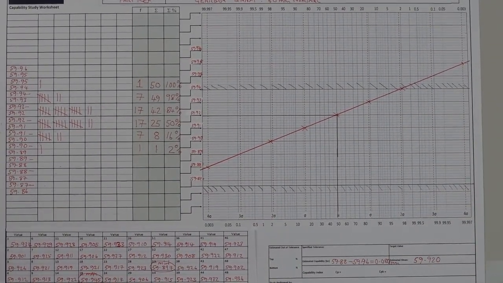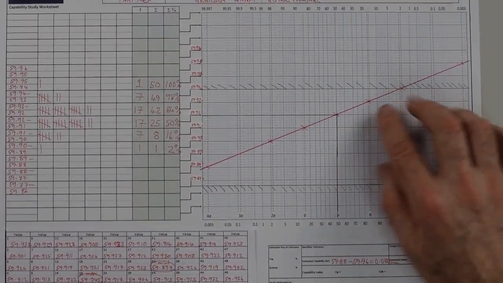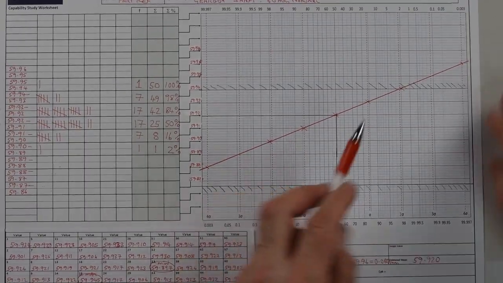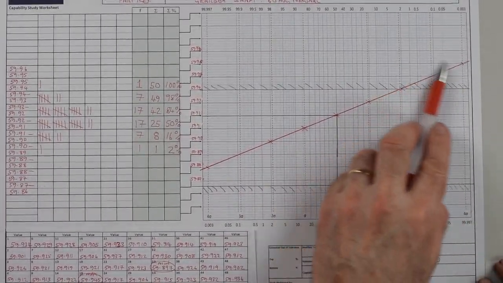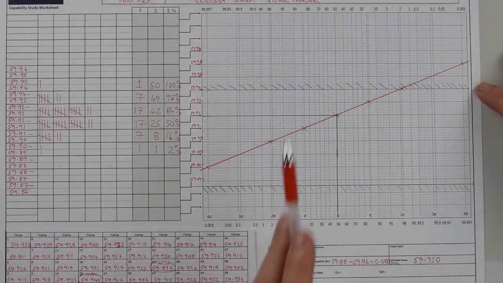Now, using this information, we can see that our production spread is actually causing us to fail product above the upper specification limit at this point here.